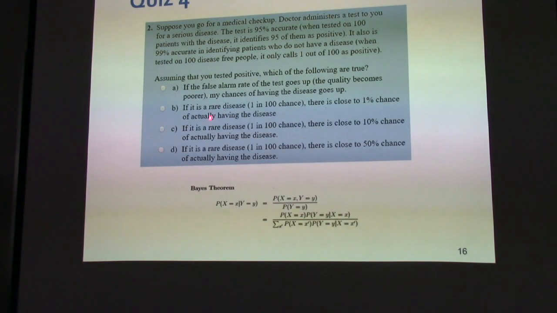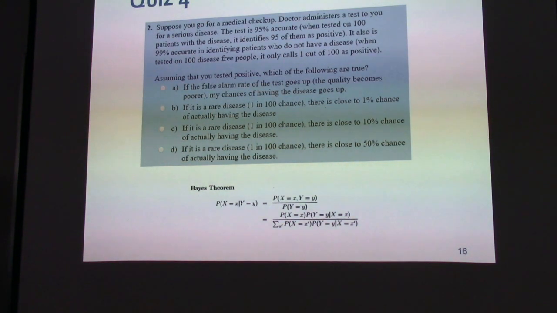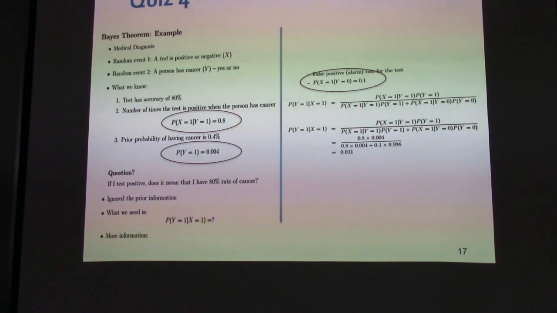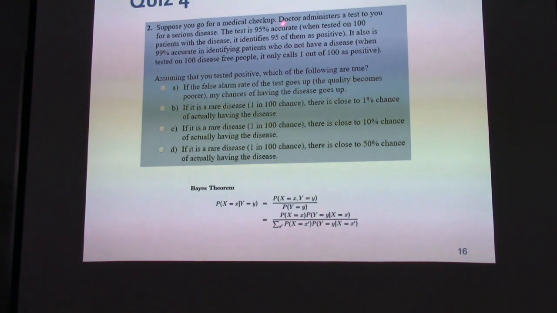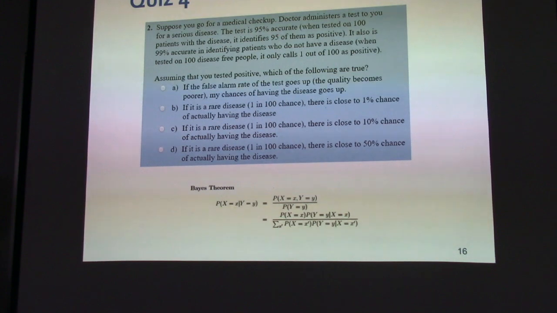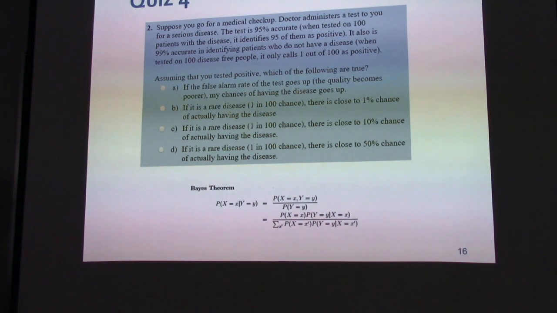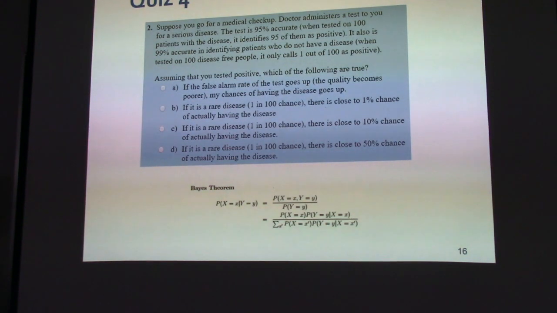To solve this kind of question, at first you need to find those three variables. For example, here it gives you this number and this number. So this should be the test accuracy, and this one should be the false alarm.